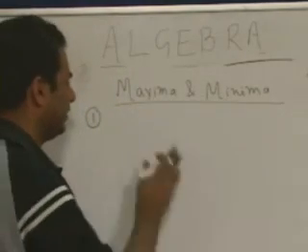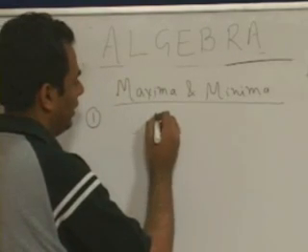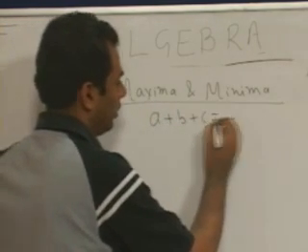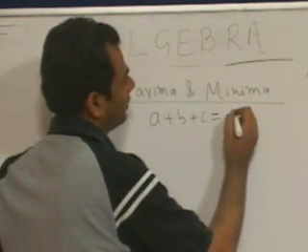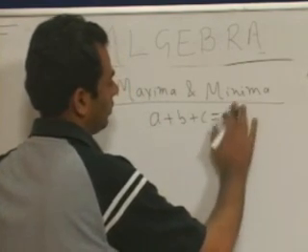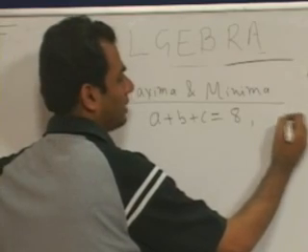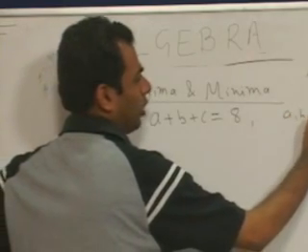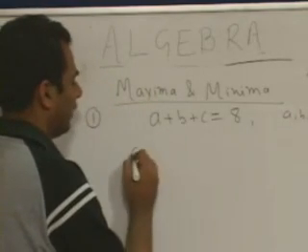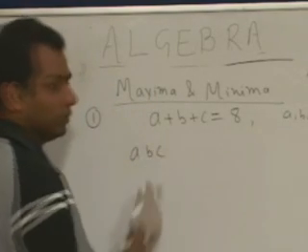For example, if I say a plus b plus c is equal to, let's say, 8, where a, b, c, all the three terms are positive, and we need to find out what is the maximum value of abc.